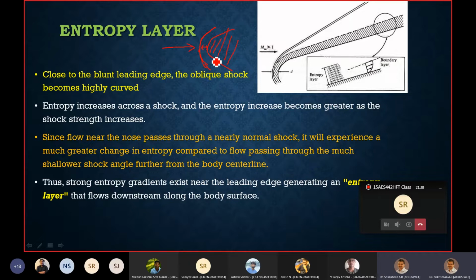Or let me make it simple: what is the difference between a bow shock and an attached oblique shock? Okay, let me rephrase this question. Is it like an oblique shock or is it like a normal shock?